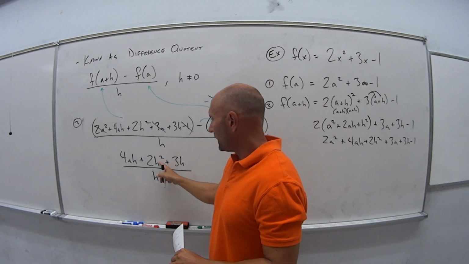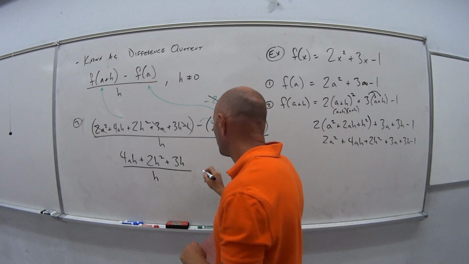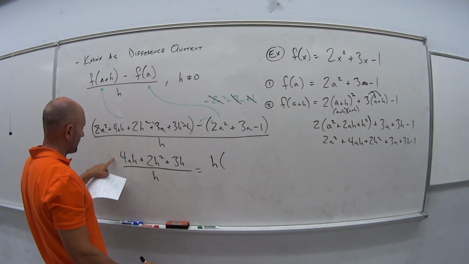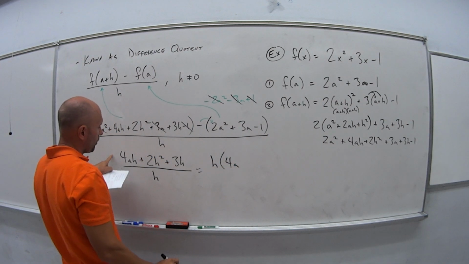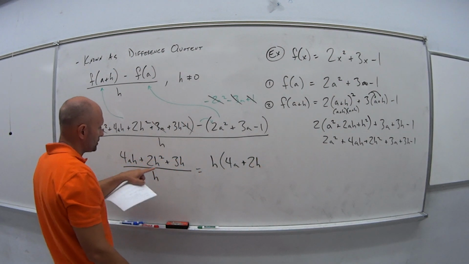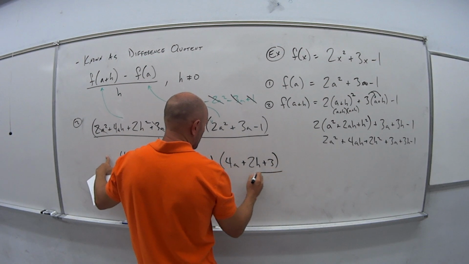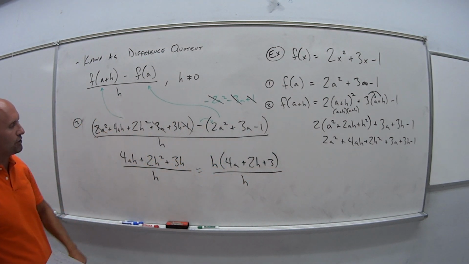There's an h term, an h term, an h term. So I can factor out that h. If I factor out the h here, I have 4a. Factor out one of these h's, I'm still left with 1 h, so I have plus 2h. And if I factor out this h, I'm left with plus 3. And this again is all over my original h from the formula.